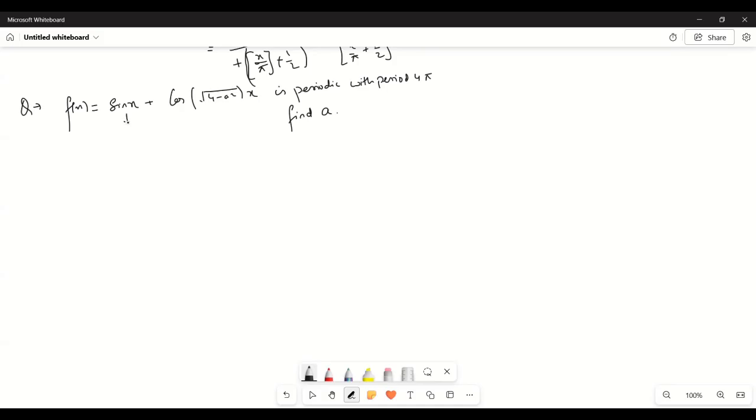देखो sin x का पीरियड क्या होगा 2 पाई, and cos of this का पीरियड हो जाएगा 2 पाई बाई रूट ओवर ऑफ 4 माइनस ए स्क्वेयर. ठीक है, अब अगर पीरियड 4 पाई है तो इसका मतलब है 2 पाई और 2 पाई का LCM 4 पाई आना चाहिए. But when will the LCM of this 2 pi and this be 4 pi?